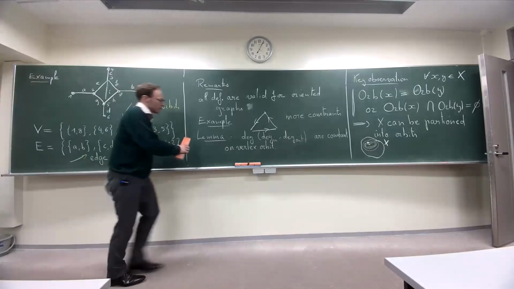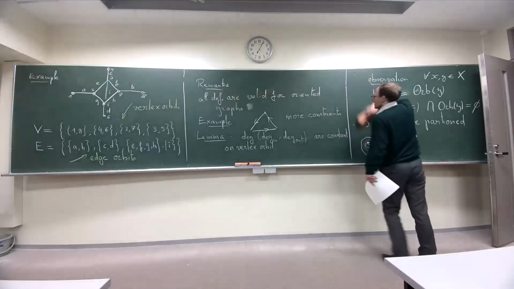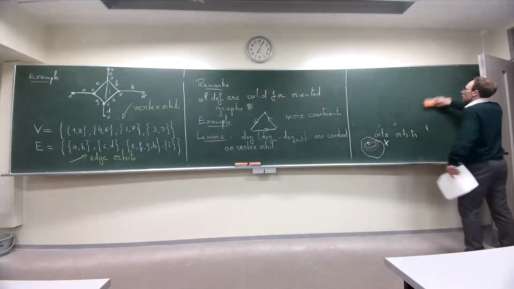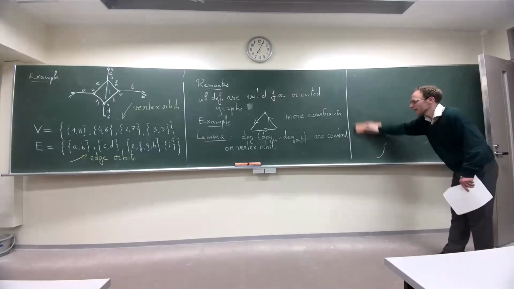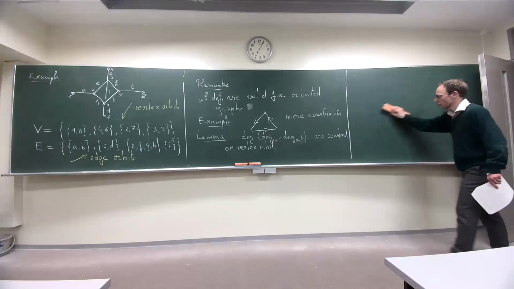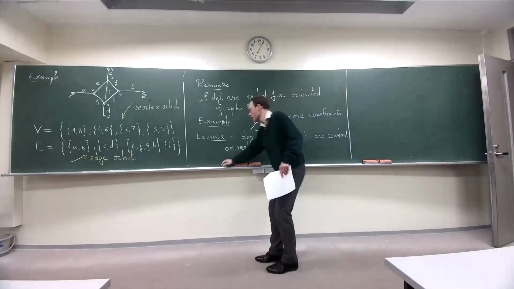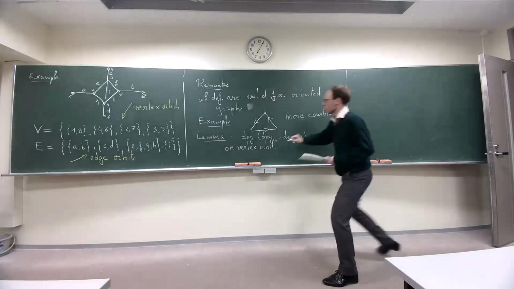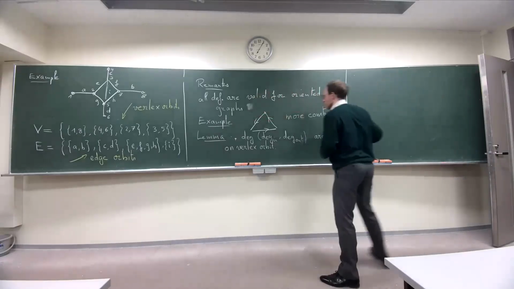So this follows. These degrees have to be constant inside a vertex orbit, and the same for edges or edge orbits. So this is the first point in the statement.